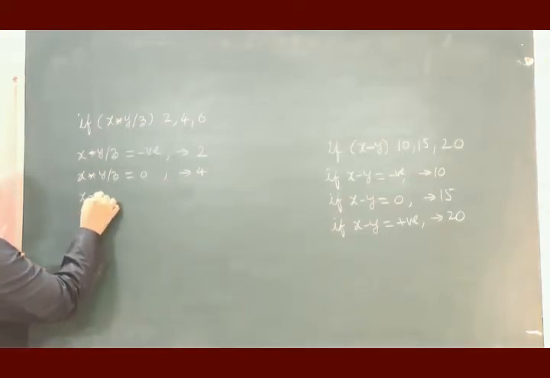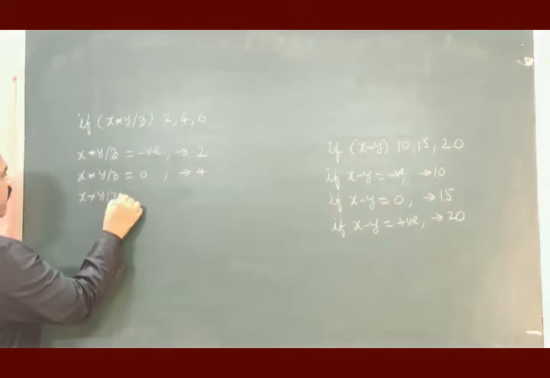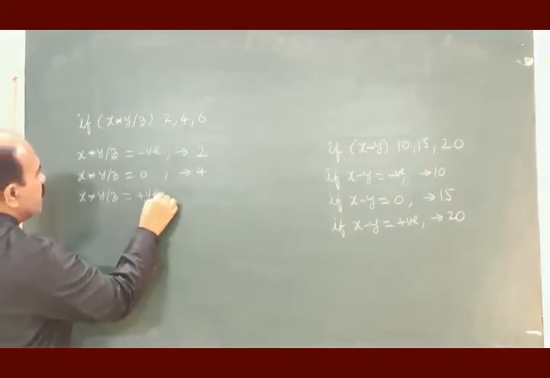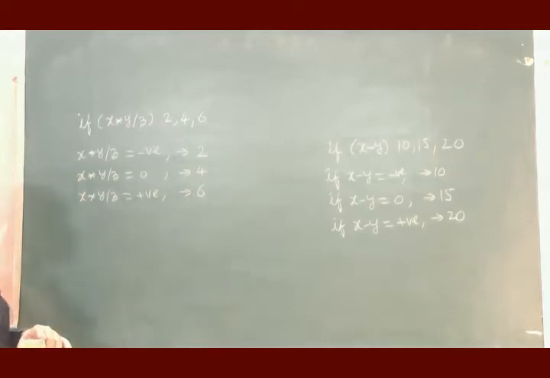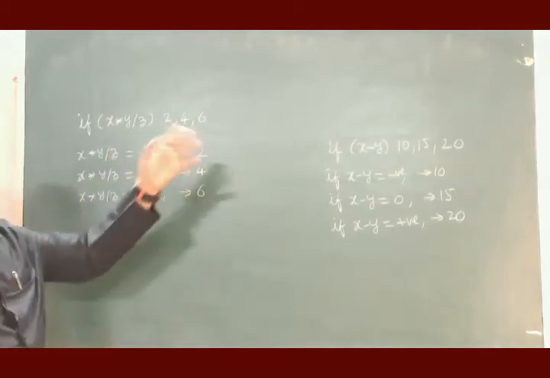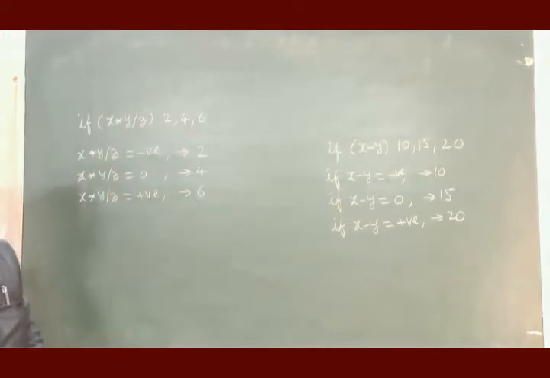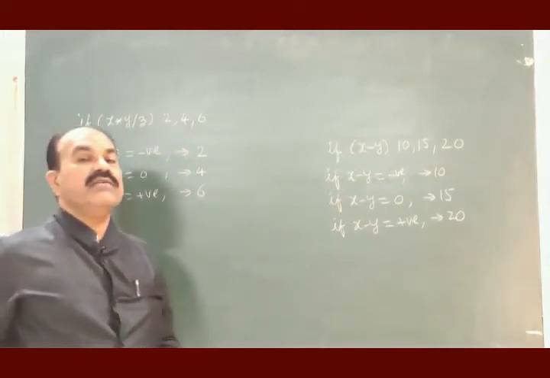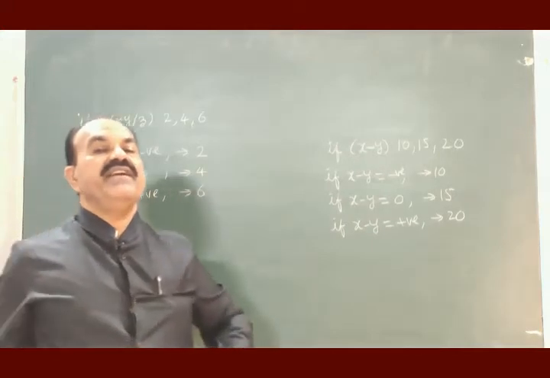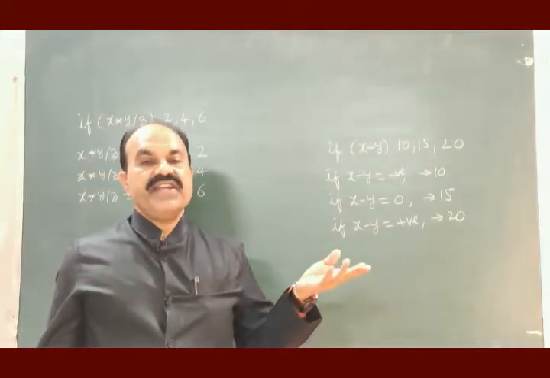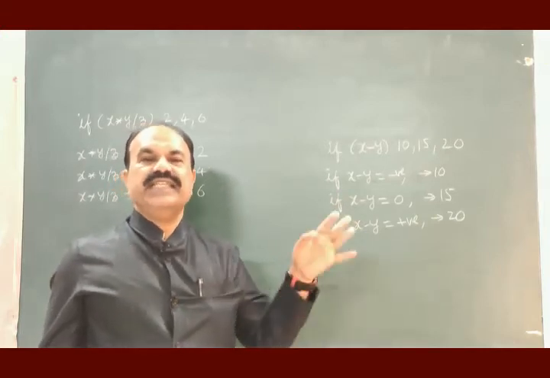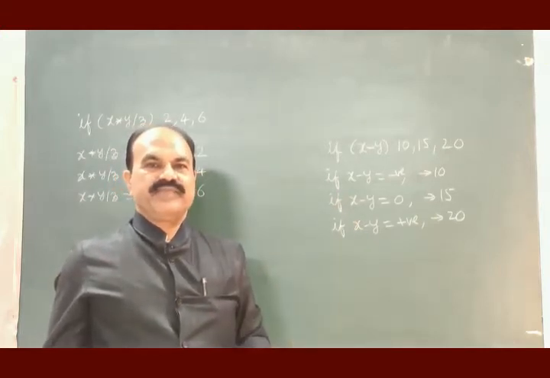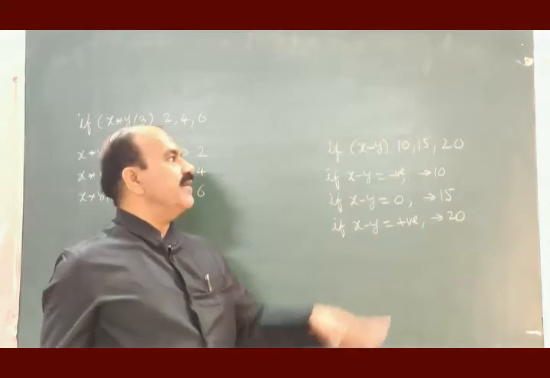And if it is positive, control goes to statement number 6. You can have any type of arithmetic expression depending on the program you are writing, depending on the various variables you are required to use in that program, depending on the task of the program.